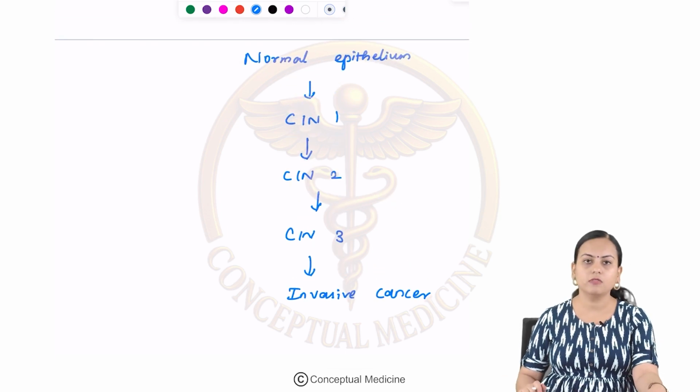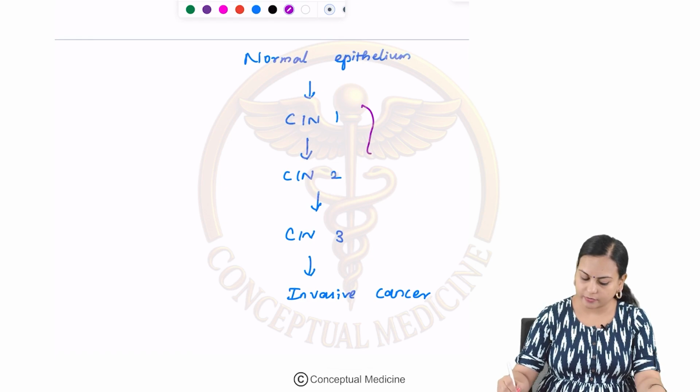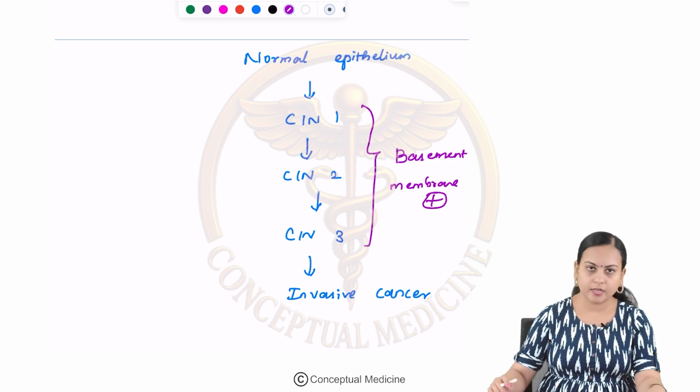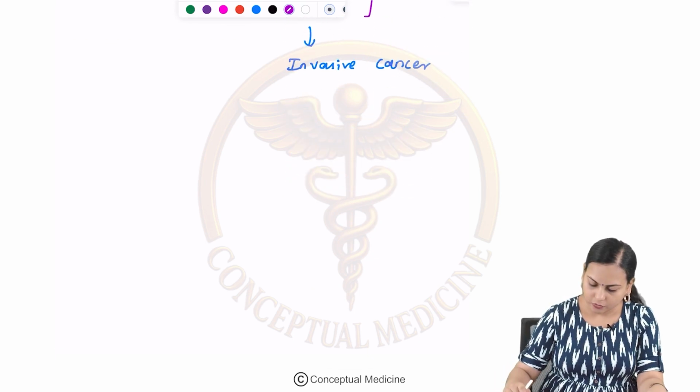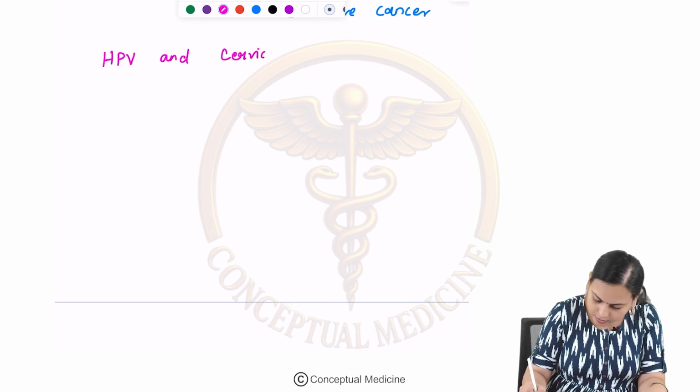So, this is how CIN transforms into cancer. Until this point, you have to remember, the basement membrane is present. Clear? Right.